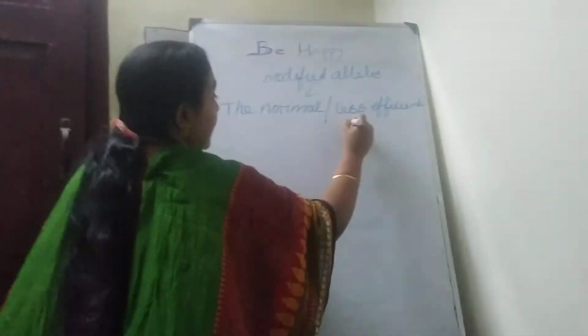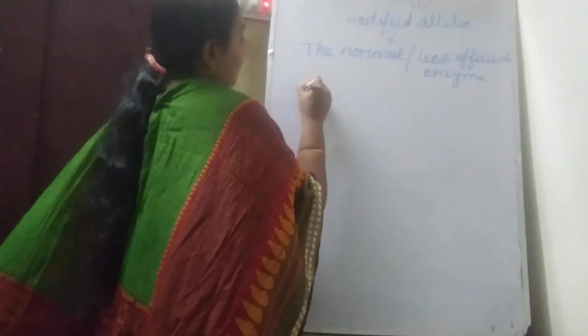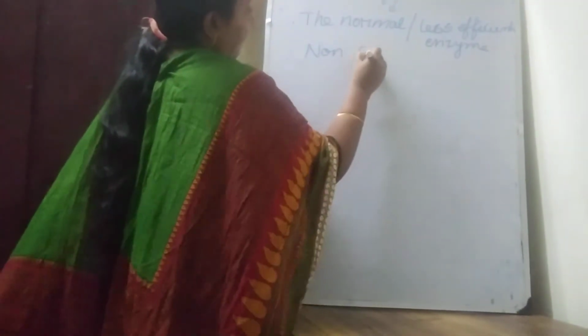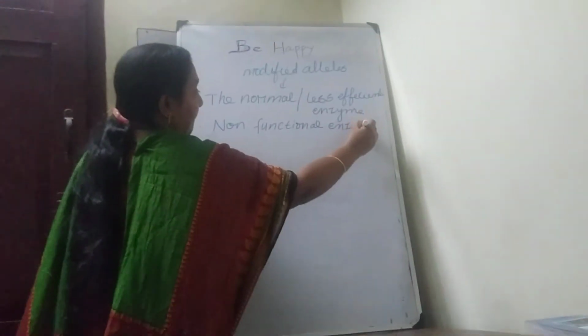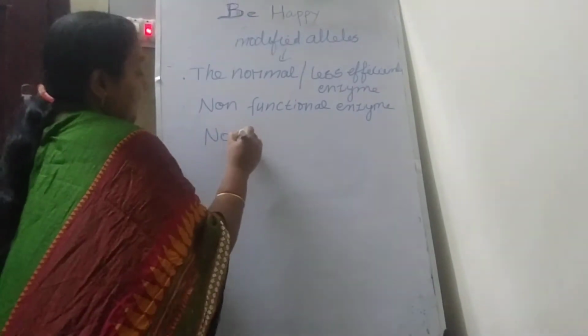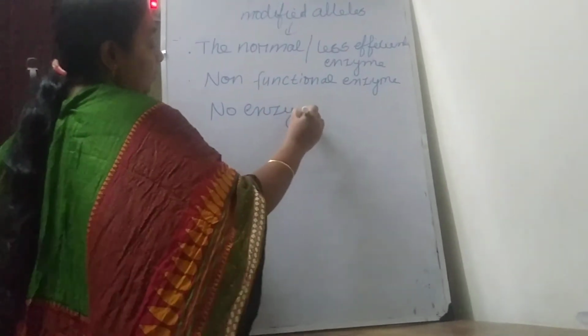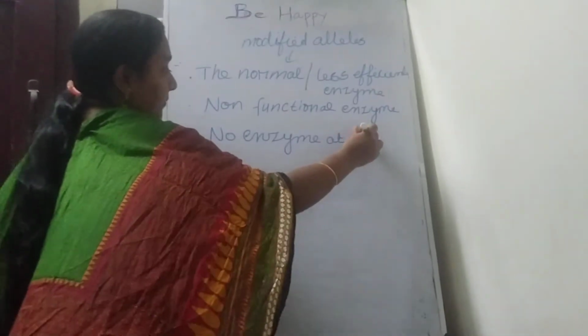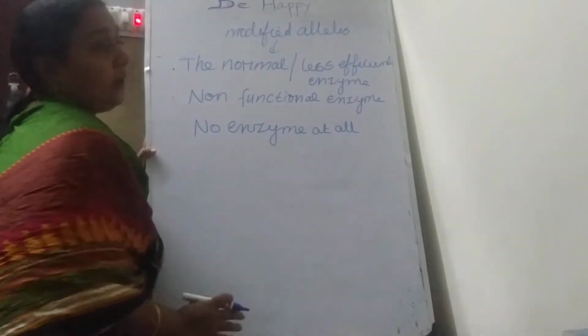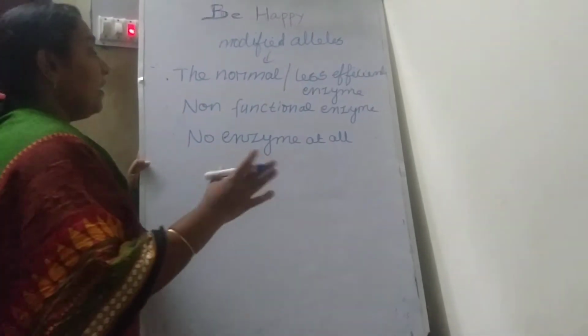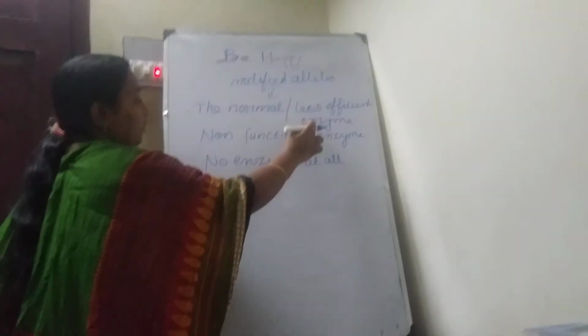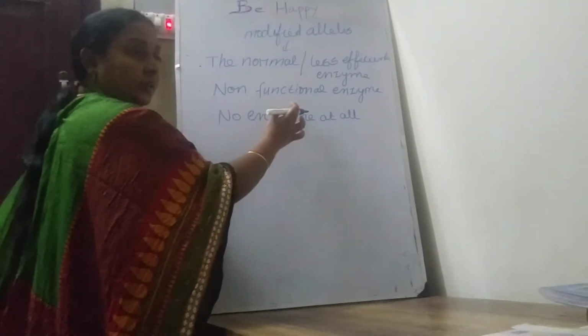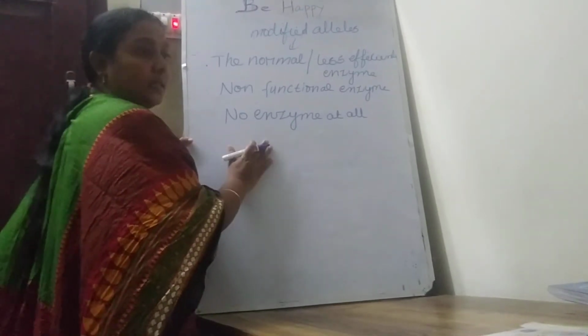The second one is a non-functional enzyme. And the third one is no enzyme at all. So the modified alleles are responsible for three events: the normal or less efficient enzyme, a non-functional enzyme, and no enzyme at all.